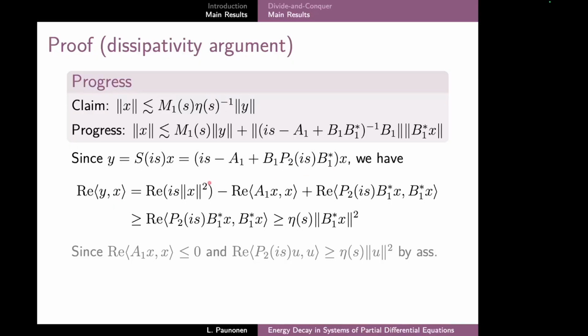So substituting here for the formula for y, we generate three terms. The first term is obviously an imaginary number, so that's why its real part is equal to 0.